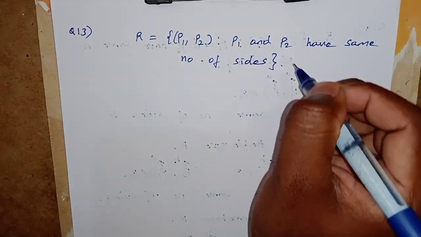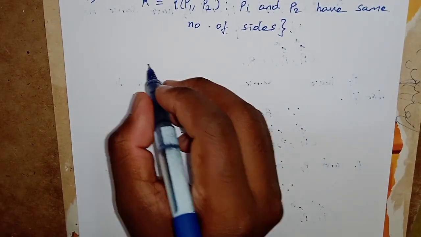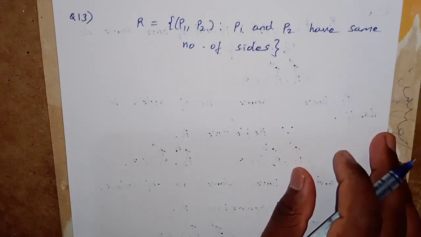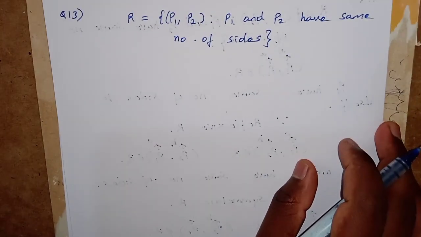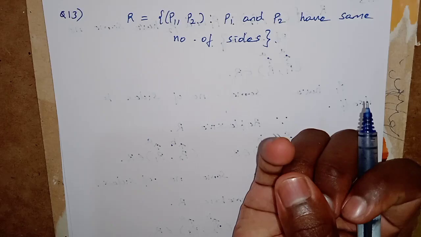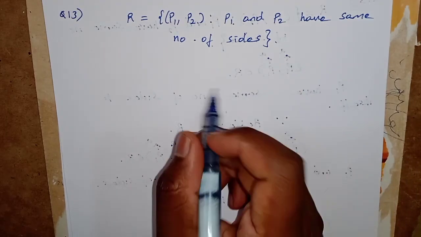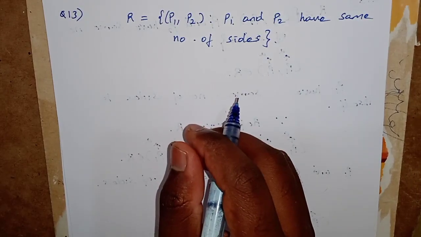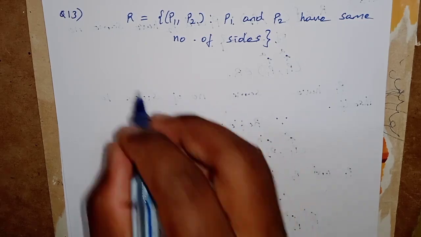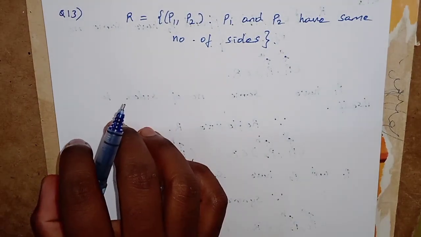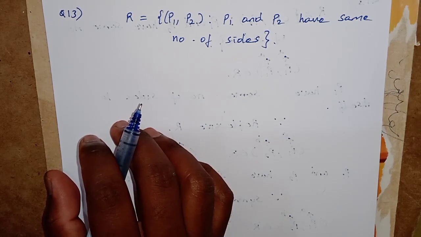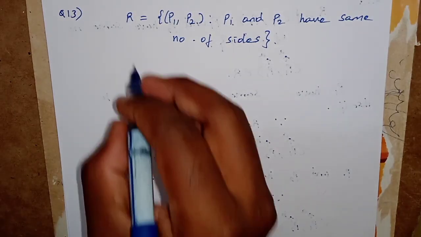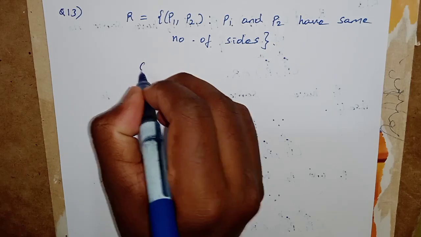Here, for an equivalence relation you have to satisfy three conditions. RST means reflexive, symmetric and transitive. You have to satisfy three conditions. Therefore here it is an equivalence relation. Okay. First condition, reflexive.